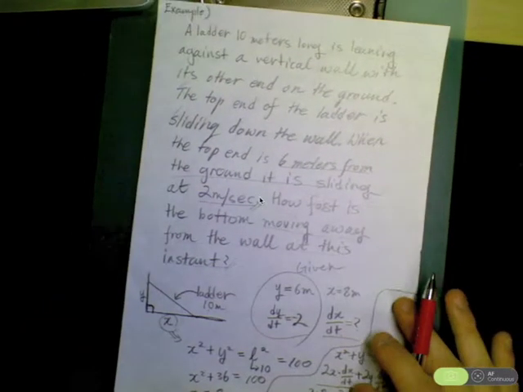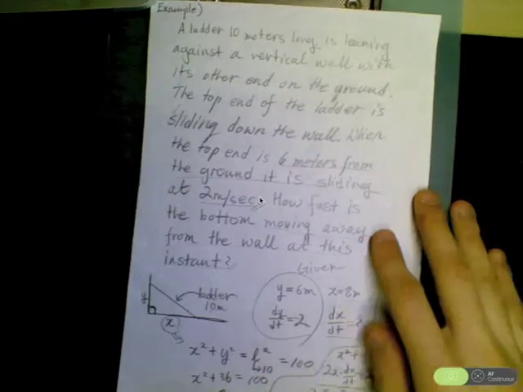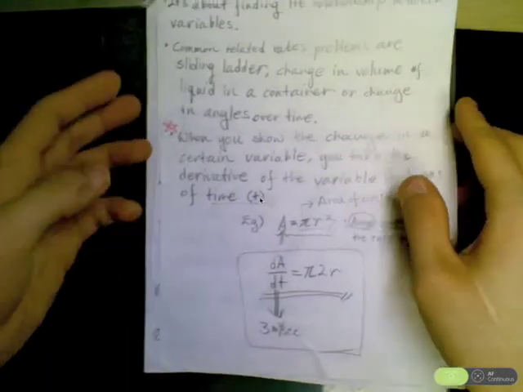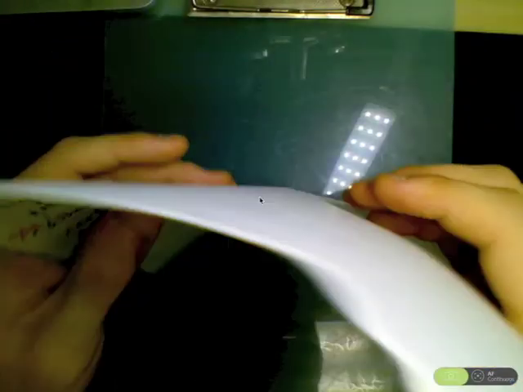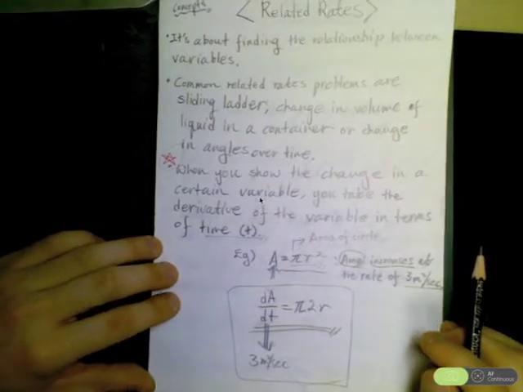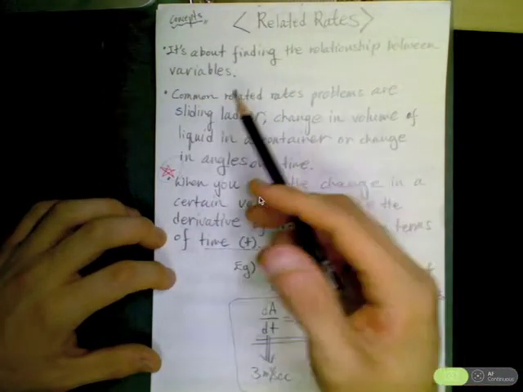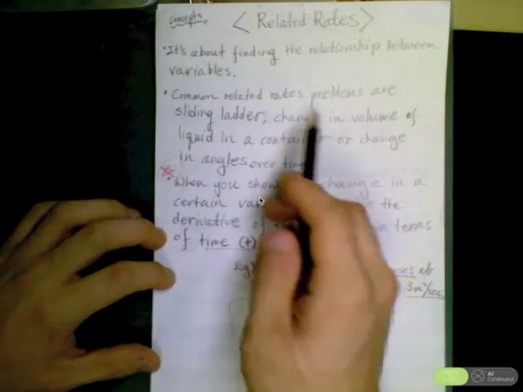Okay, so now that we found the answer, let's go over what we've learned so far. So let's go back to the first page. Here it says, I told you related rates is about finding the relationship between the variables.